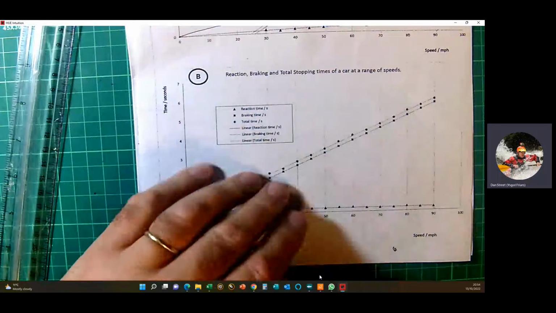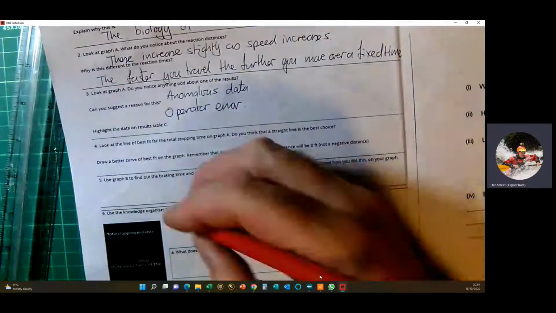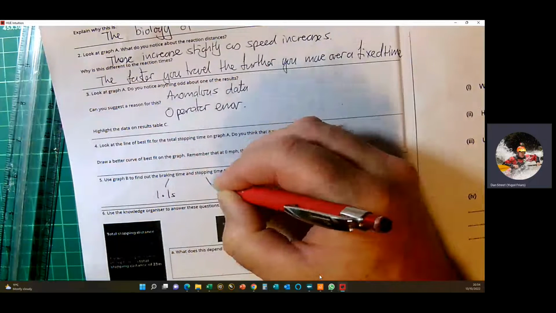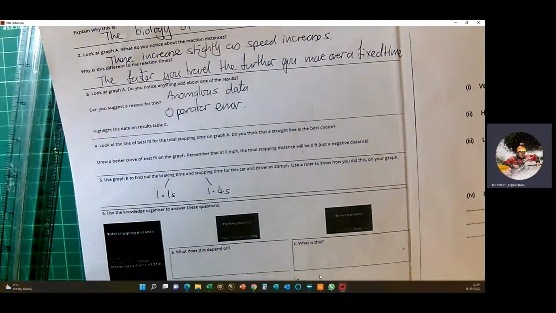Okay, so it's a bit higher. So the braking time is 1.1 seconds, and the stopping time is 1.4 seconds, according to the graph.